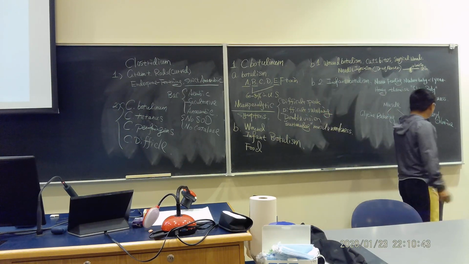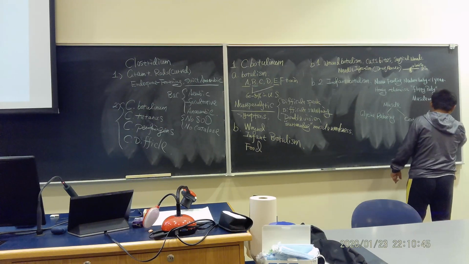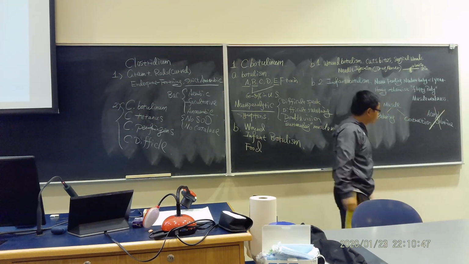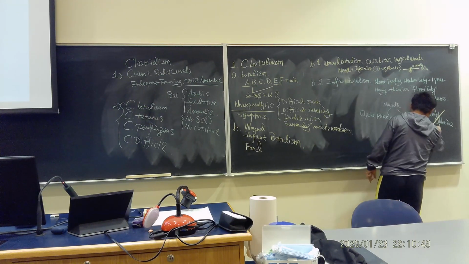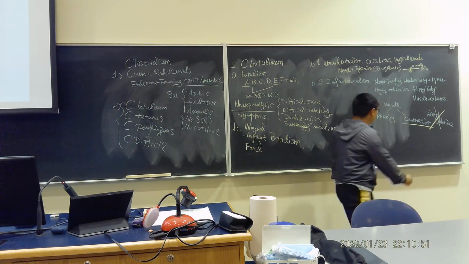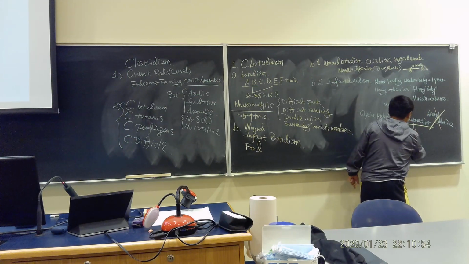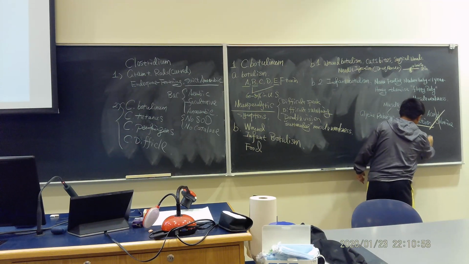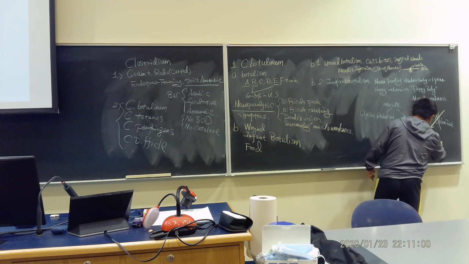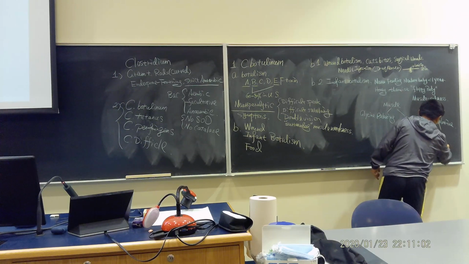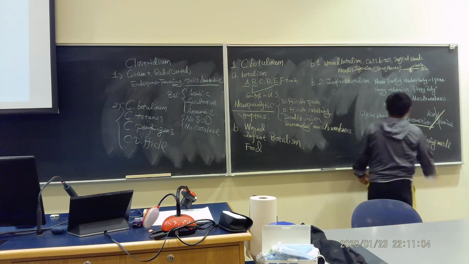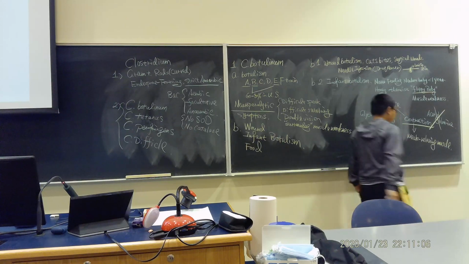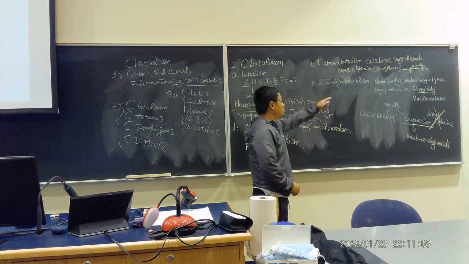This botulism toxin will block acetylcholine, so the muscle will not contract. Therefore, it's totally weak at the relaxing muscle. Therefore, it's a floppy baby. Okay? So that's very easy to understand.